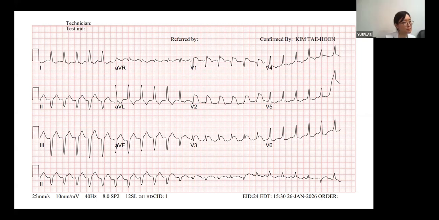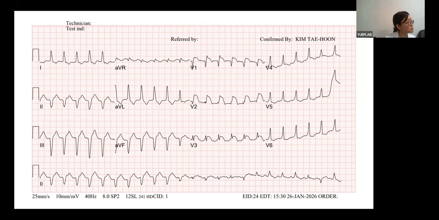Okay, do you have any comment? I just agree with all of the previous comments. So what do you think is the reason for that ST elevation in this patient? Coronary angio was normal.